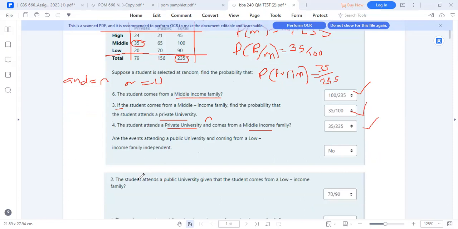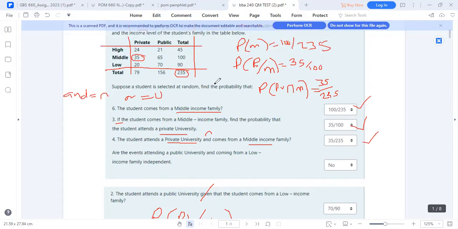So what's the probability the student attends a public university given he comes from a low income? Who wants to try to give the narration there? The student attends a public university given he comes from a low income family. So where there is given, you put a slash. Given low, what is the probability that the student is public? So public given low income.